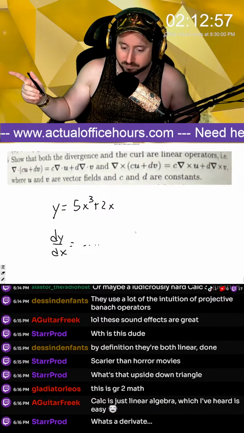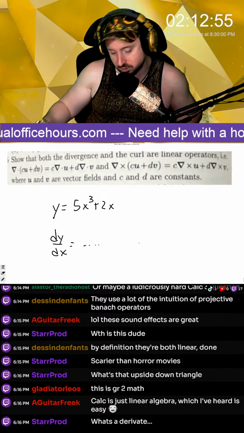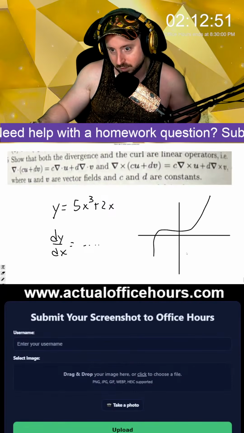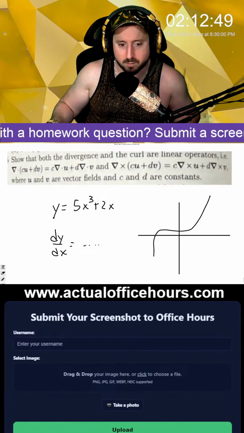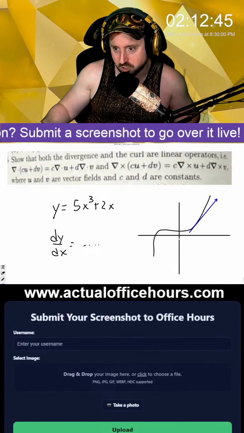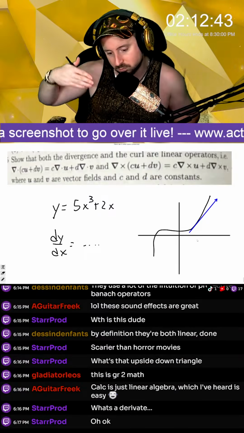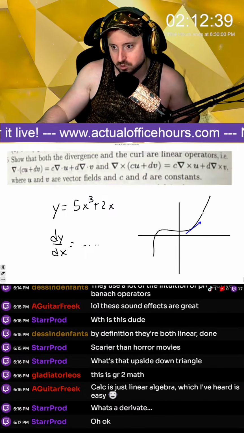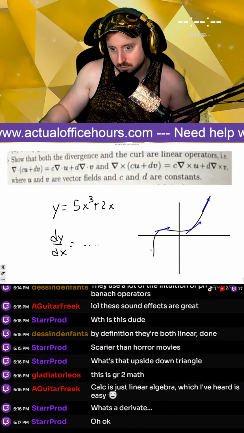But this is doing it in one direction. So, for instance, this graph would probably look something like this. This shows how much the slope is changing in reference to x. So you see how this function's changing in a bunch of different places, right?